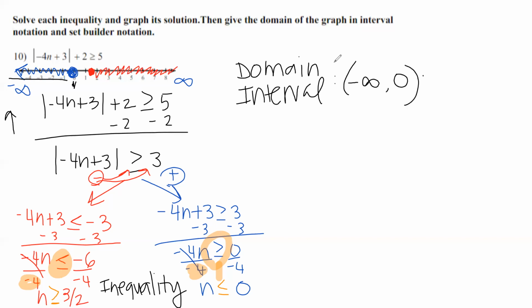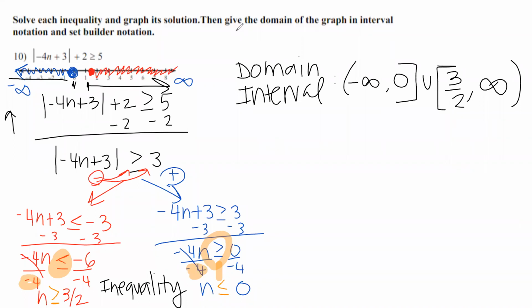There's a small gap, so we're going to put our union symbol, and then it begins again at 3/2 and continues all the way towards positive infinity. Now, actually, the 0 and the 3/2 are included. They are closed circles, so they should have closed brackets.